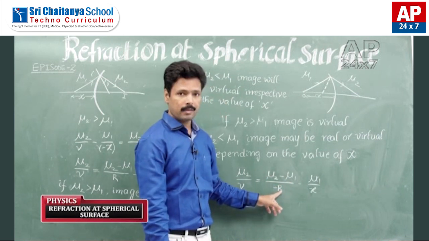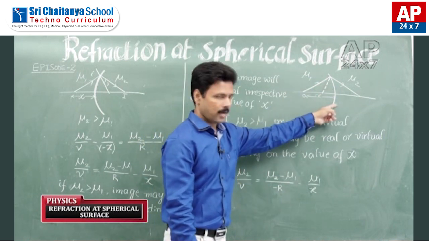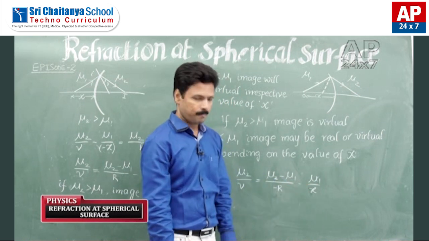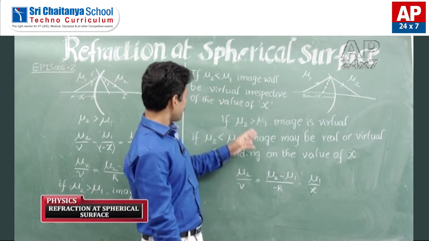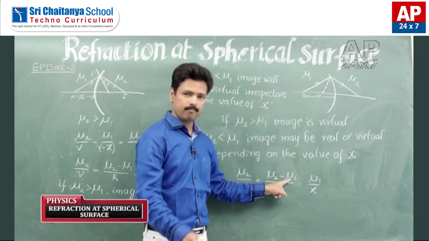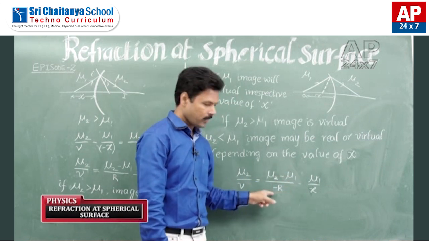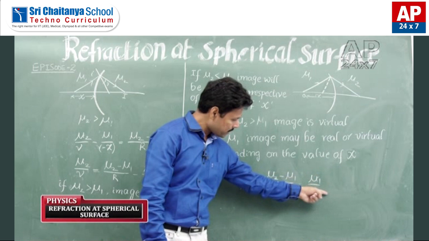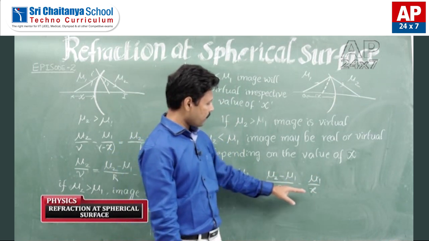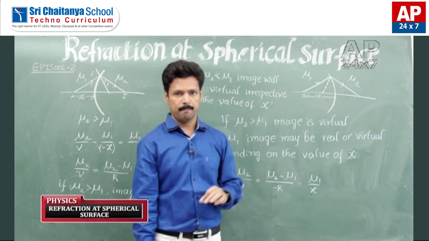Here r is taken as minus r according to the sign convention, so minus r minus mu1 by x. Since mu2 is greater than mu1, mu2 minus mu1 is positive, and with minus r the total value is negative. Therefore, this total value is also negative. That means irrespective of the value of x, the image is always virtual.